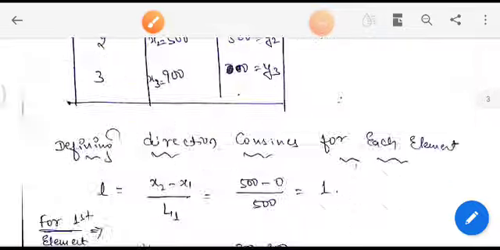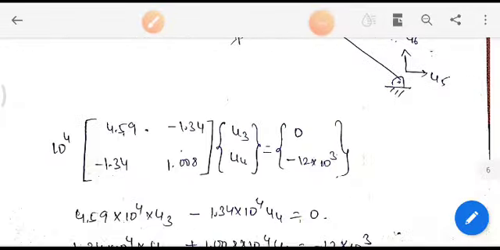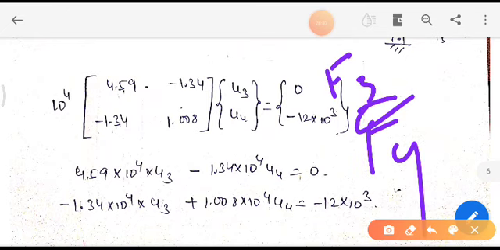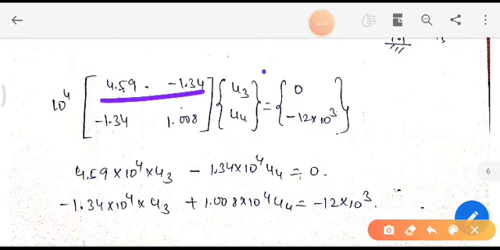So we have written over here negative 12 into 10 raised to 3. This is nothing but our F3 and this is nothing but our F4. Once you write all these things, the next thing is we need to multiply row and column.